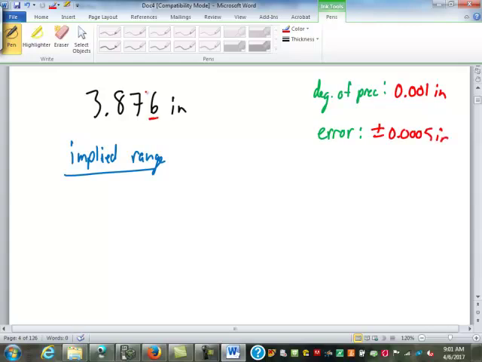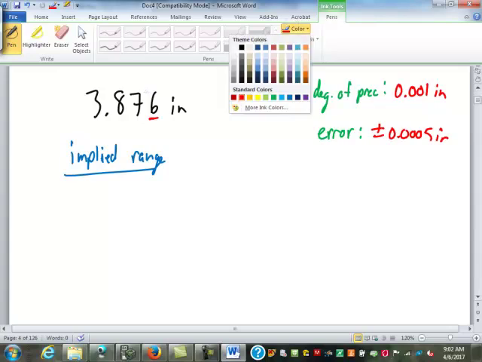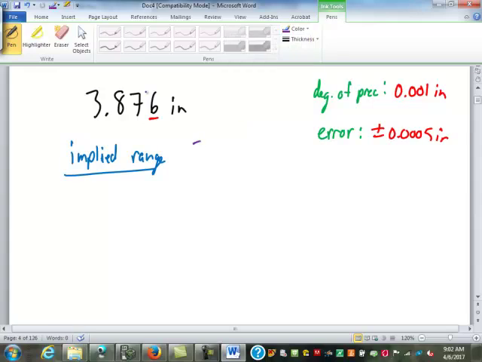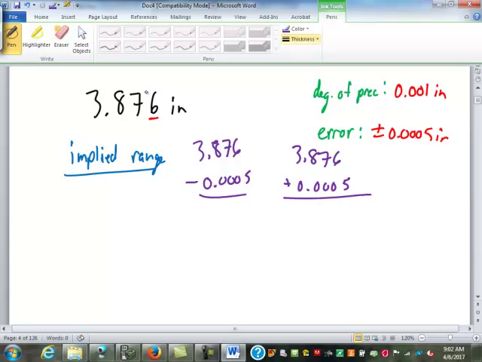The last digit is in the thousandths, so the degree of precision is a thousandth of an inch. The implied error, then divide that by 2, is 0.0005, or 5/10,000ths of an inch. So then the implied range: subtracting the 0.0005 is 3.8755, and adding it would be 3.8765 inches.